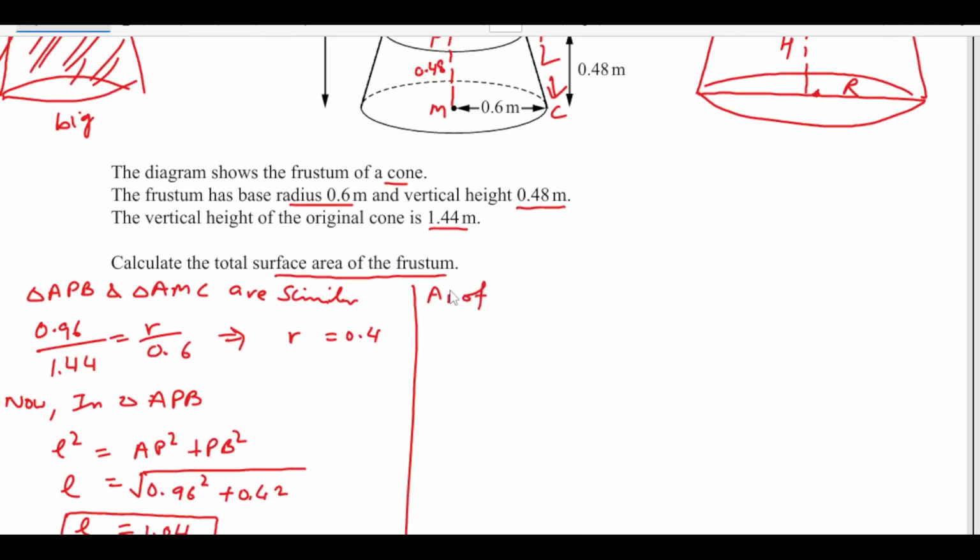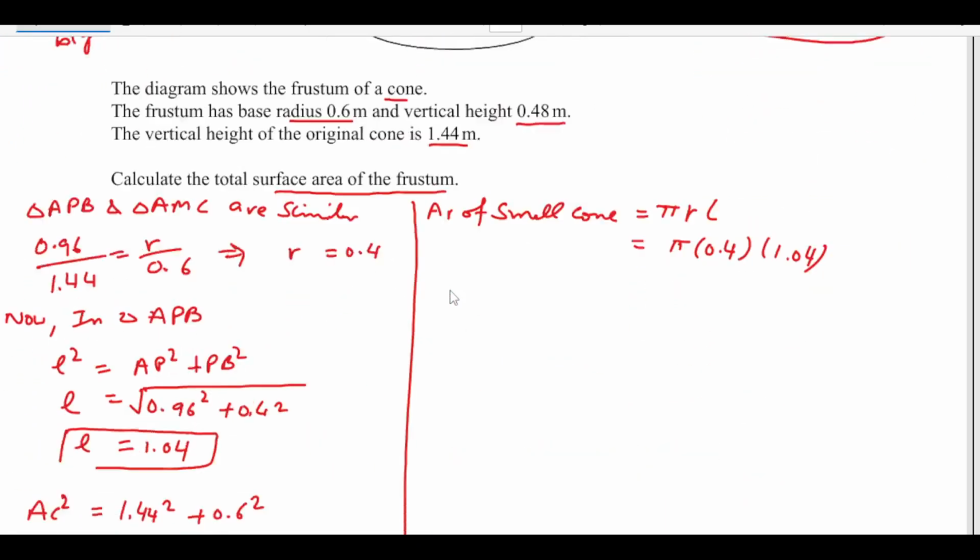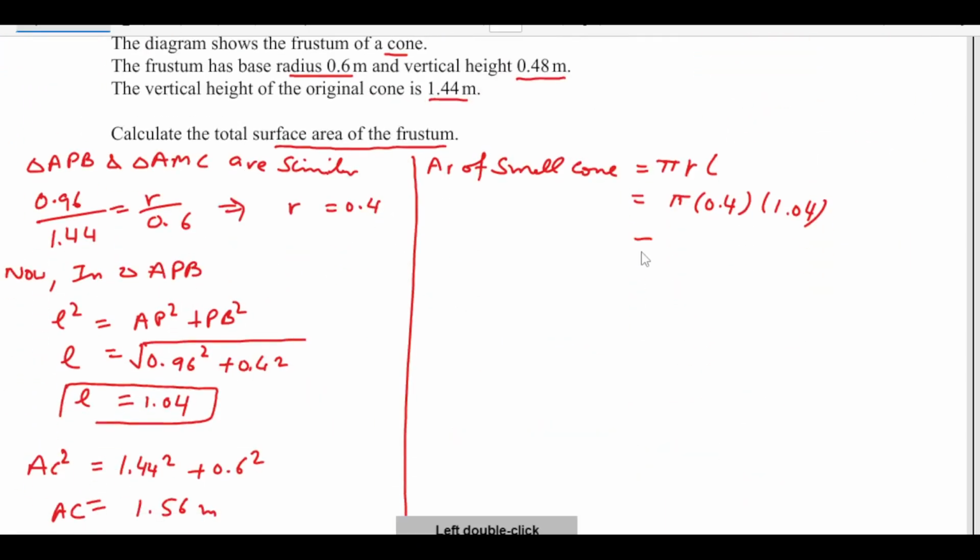So area of the small cone, we know that area of the cone is pi r l. So it's pi, the smaller radius is 0.4 and l is 1.04. We have taken the smaller one, right? So this is equal to 1.306 meter squared.